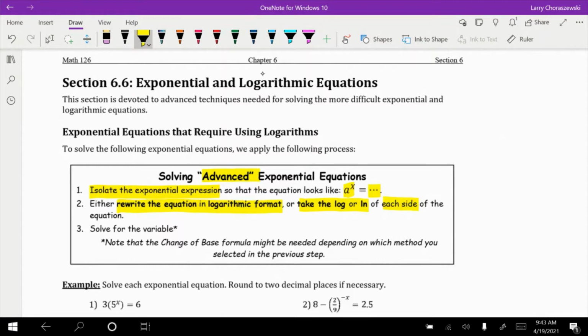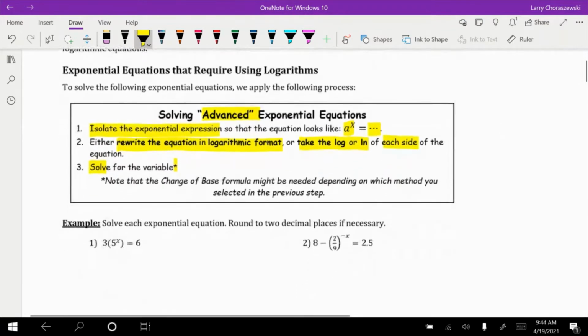So that's step 3, where you solve for the variable. And there's a little asterisk here because of how our final answers might need to be rewritten. If you use a log loop, there's a good chance you might need to use the change of base formula to get something you can actually type into your calculator.